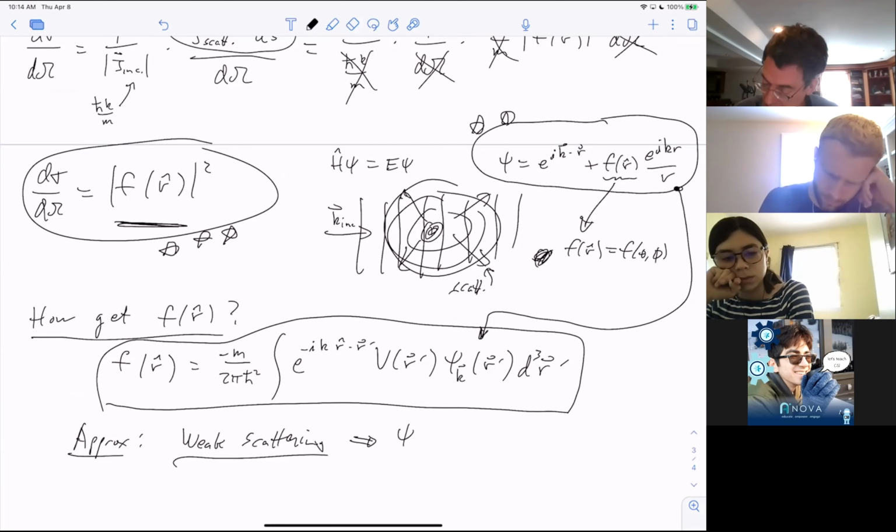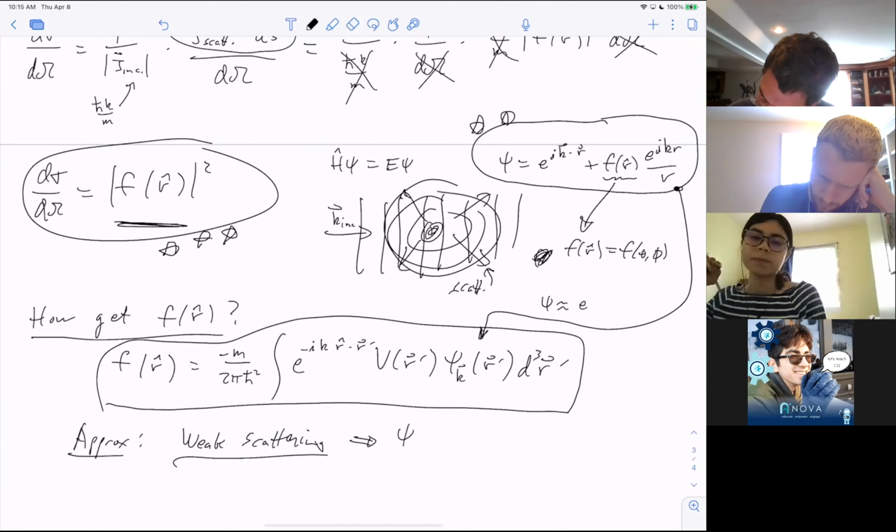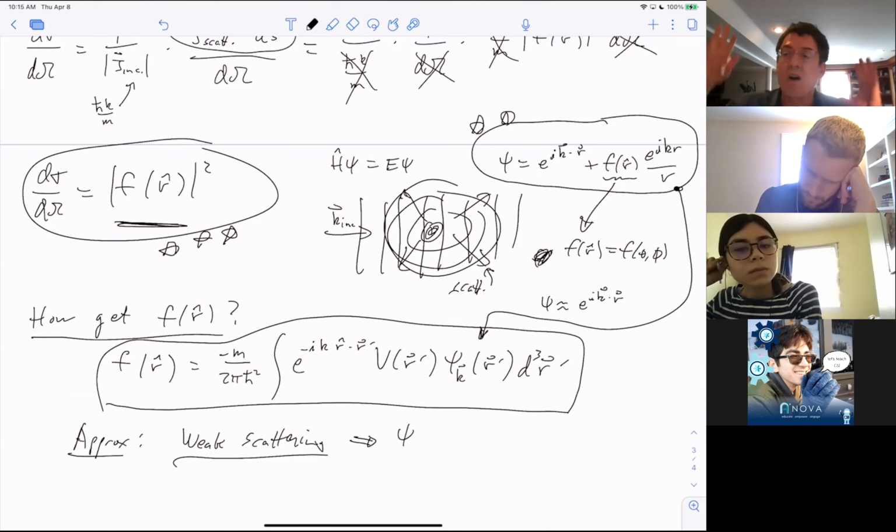And so when we plug the psi in, we'll say that psi is approximately equal to e to the i k dot r, a plane wave. And we'll just ignore all that spherically symmetric scattered wave stuff. And that's the weak scattering approximation.